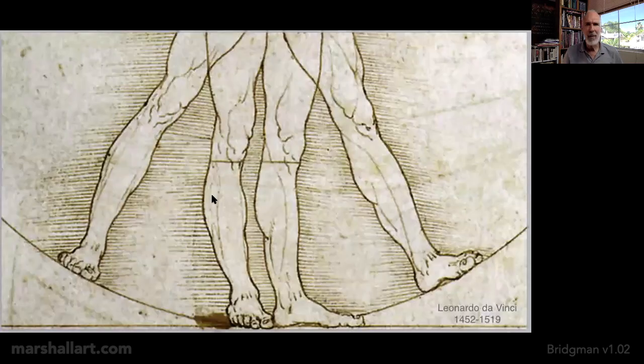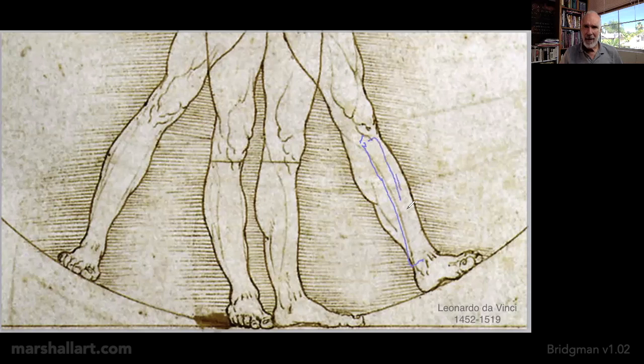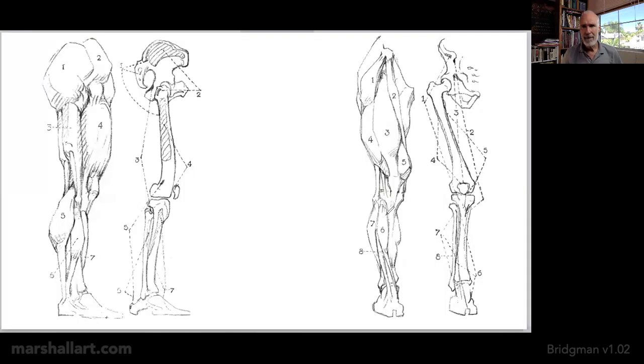Let's look at how the great Leonardo was aware of it. Down to that ankle, all along there, subcutaneous bone. So is that a landmark? It's a land area. I'll color it all in here blue. It's quite foreshortened on the front because we're looking along it, but it's all there.